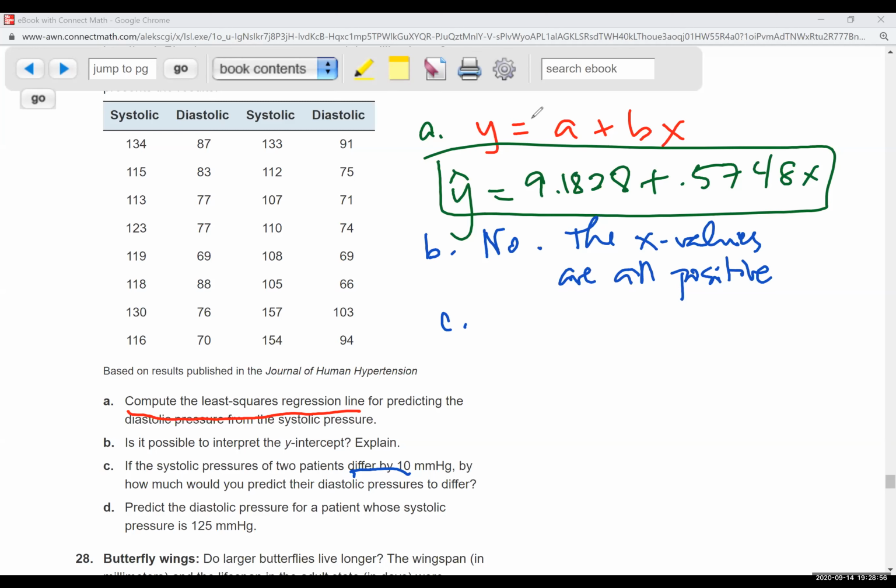So remember, this is B1 times D, right? So your B1 is 0.5748 times, what's the difference? What is D? 10. So when you multiply that, it is 5.748.